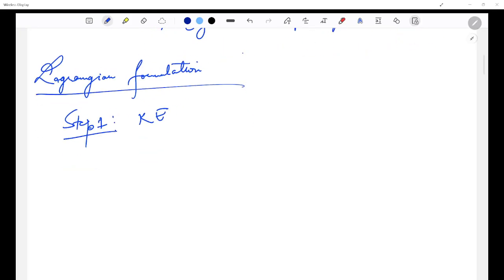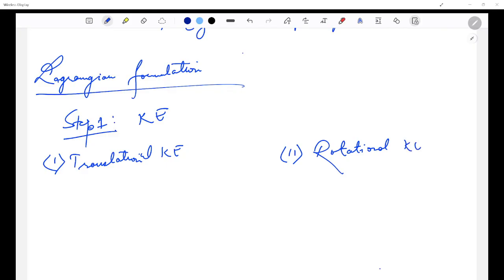The kinetic energy of a rigid link has two components. The first one is translational kinetic energy, and the second one is rotational kinetic energy.